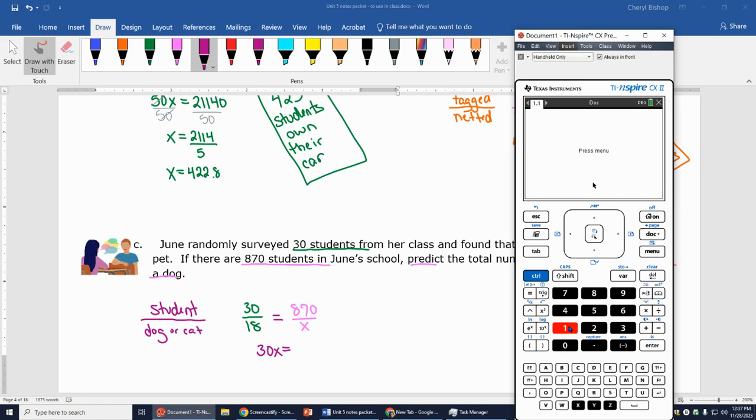Oops, I need to hit number 1, menu, and a calculator. Did all that without a calculator. 18 times 870. That is 15,660. I'm going to divide both sides by 30.